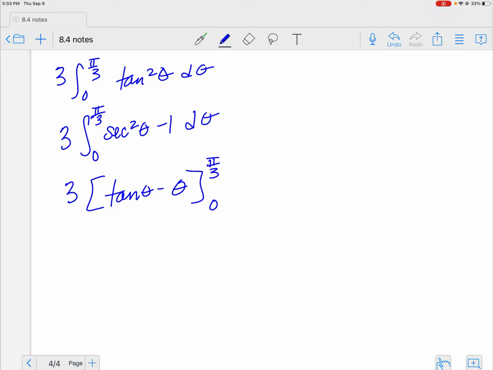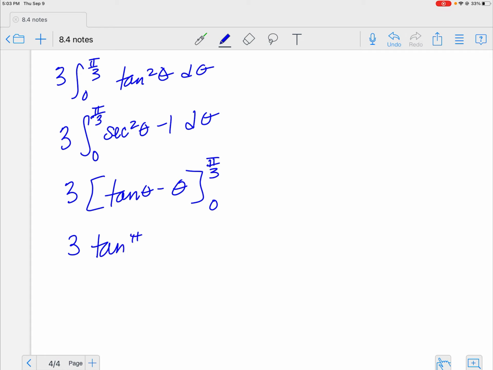Do I have to do a right triangle for this one? No. I'm not going back to be in terms of x. I have everything converted into theta when you have a definite integral. That's why you commit. You commit to the substitution. Because when you do a definite integral and you already have everything switched over to that variable, then just keep it as that variable.